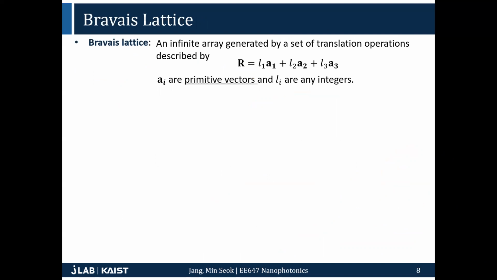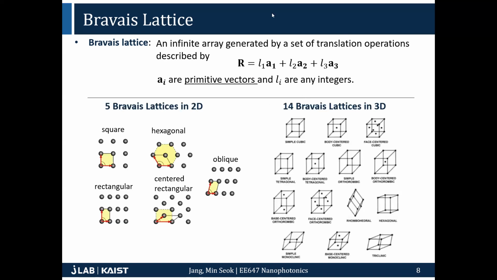So I'd like to talk a little bit more about the lattice itself. So I'm going to tell you about the concept of Bravais lattice. A Bravais lattice is an infinite array generated by a set of translation operations described by this. Here is an example of a 2D Bravais lattice. For instance, the square lattice can be generated by these two basis vectors or primitive vectors.